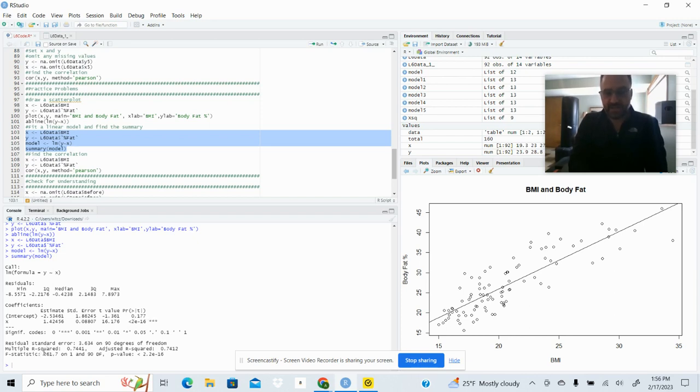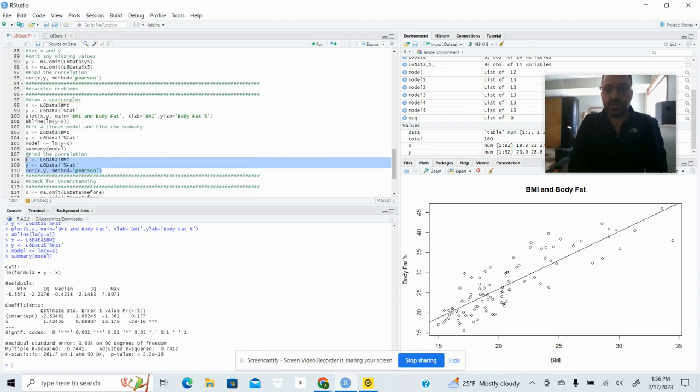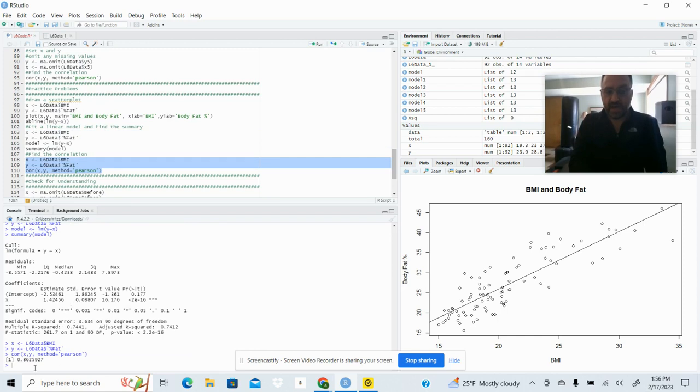The F statistic is 261.7, and the p-value is 2.2 or less than 0.001. So you could use this equation to plug in someone's body mass index and figure out what their body fat percentage would be around. And then we could also find that correlation. How strong is the correlation between body mass index and body fat percentage? It's 0.86, so it's a strong positive correlation.